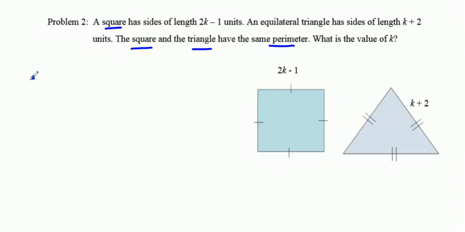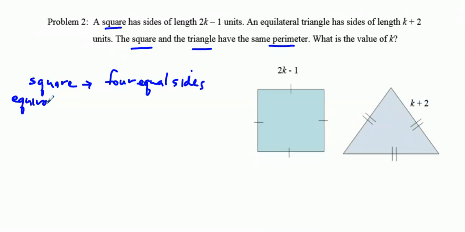So if we're trying to understand the problem, we're making sure that we look at things like the word square, and you might say 4 equal sides. You might look at equilateral triangle, 3 equal sides.